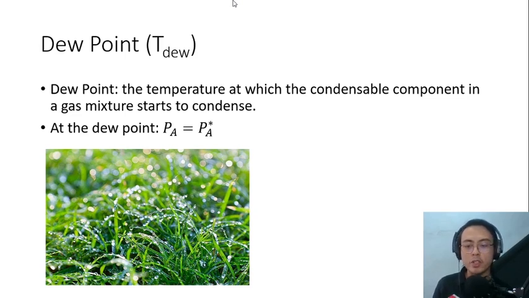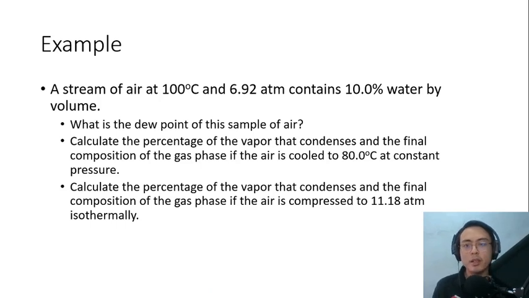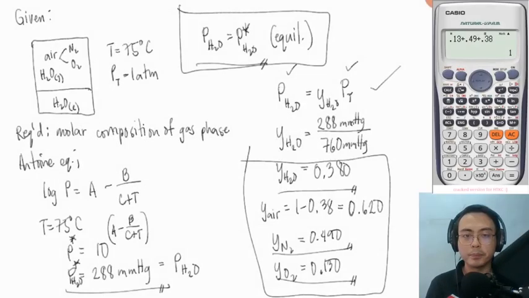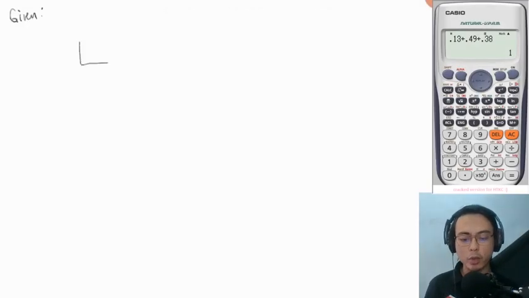Okay, let's try to solve examples. A stream of air at 100 degrees Celsius and 6.92 atmospheres contains 10% water by volume. Okay, so we have several questions. Let's write the given. I'm going to draw this with a unit. We have the feed, we have the product.